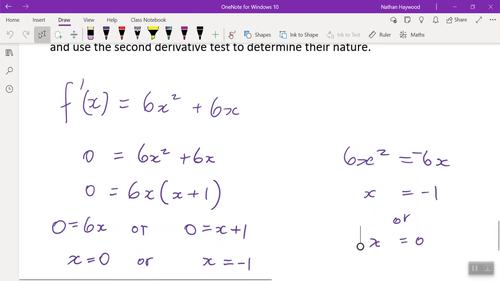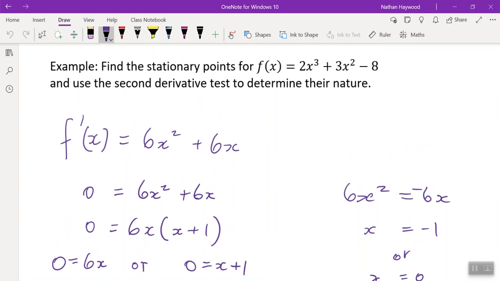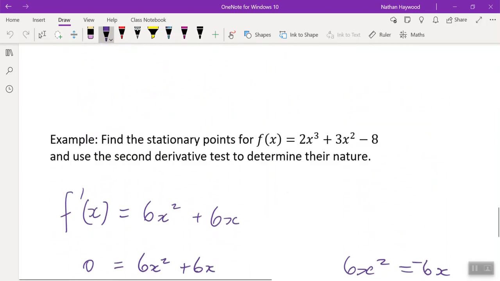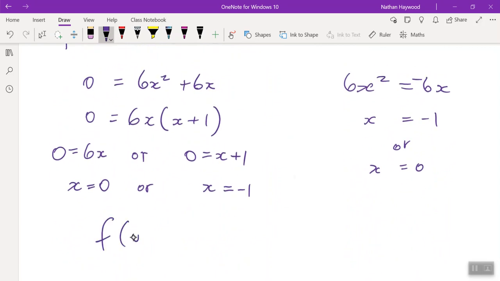So we sub in these two x's into the original equation. So x equals 0 is quite easy. You get negative 8. So the stationary point is 0, negative 8. So that's going to be either a turning point or an inflection point at that point.